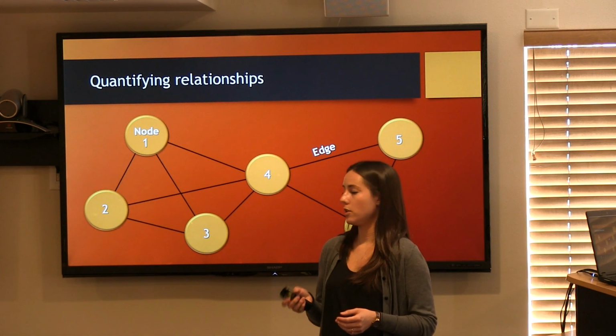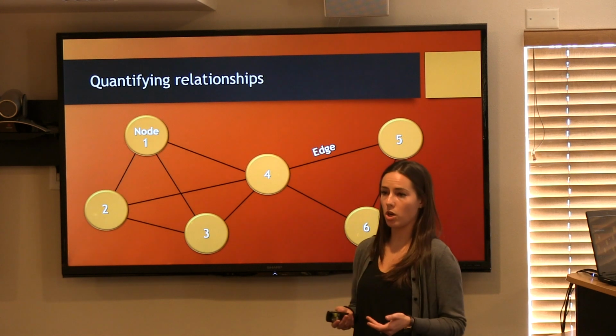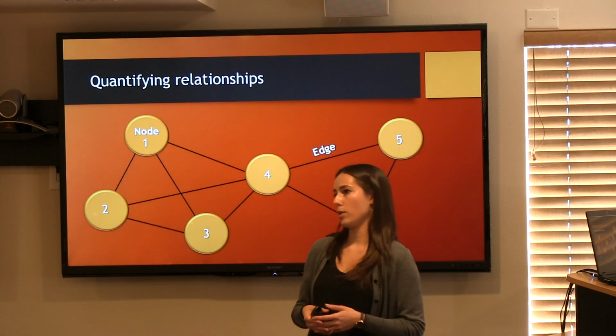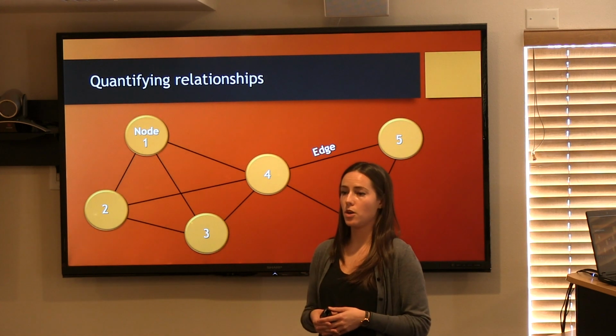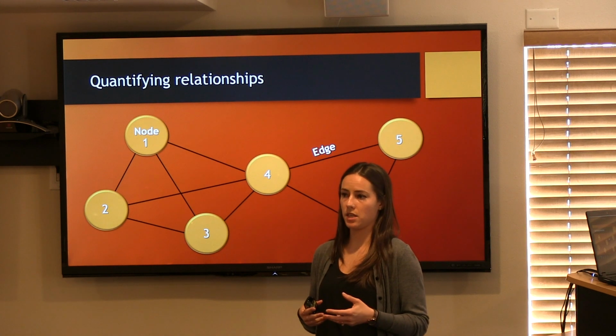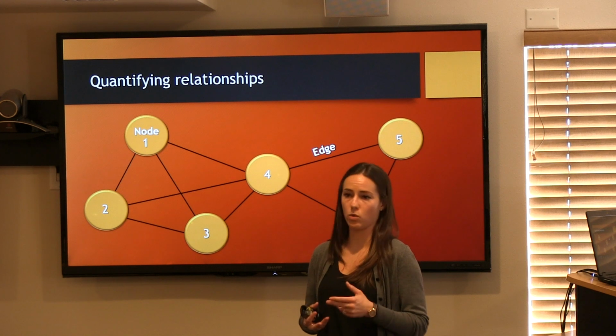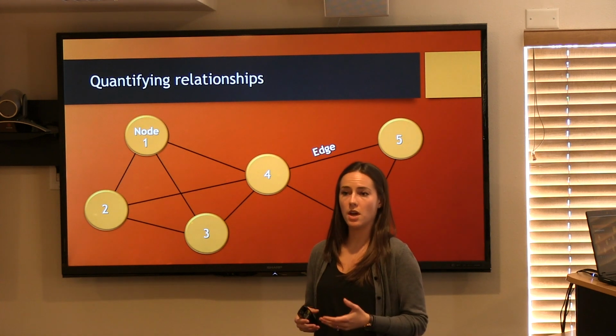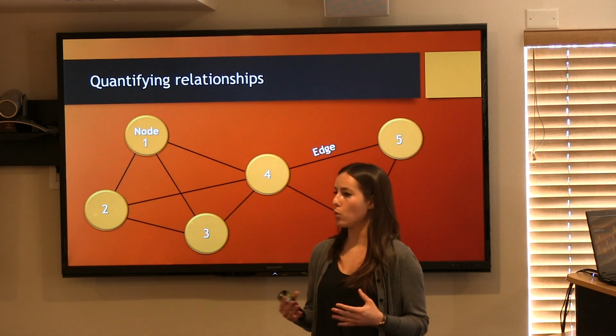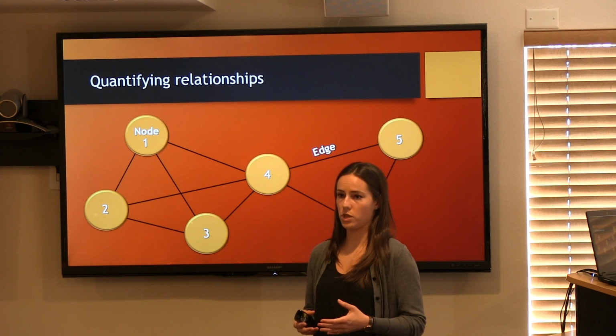So what we call nodes, but which I will largely be calling actors, are entities that can be really any sort of catalyzing entity. It could be a person, a company, an organization, it could even be a computer, anything that can be seen as sending or receiving information or resources.